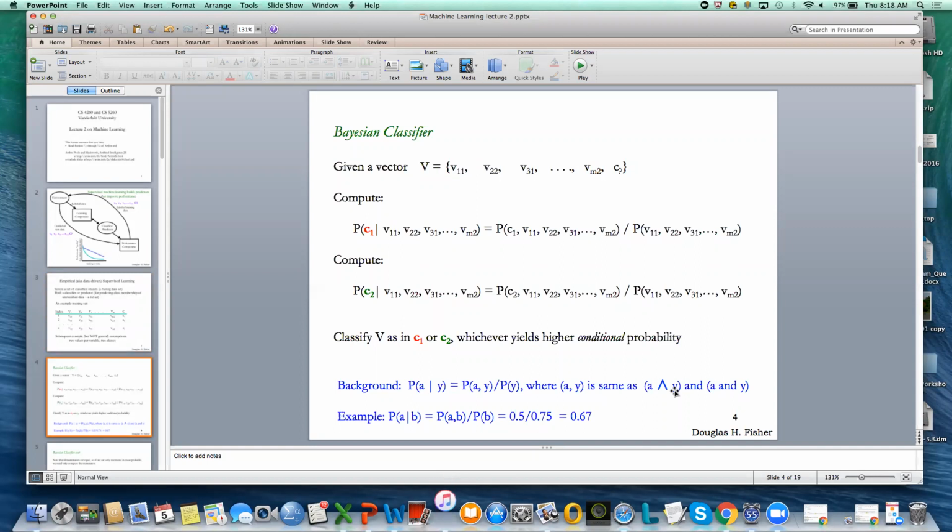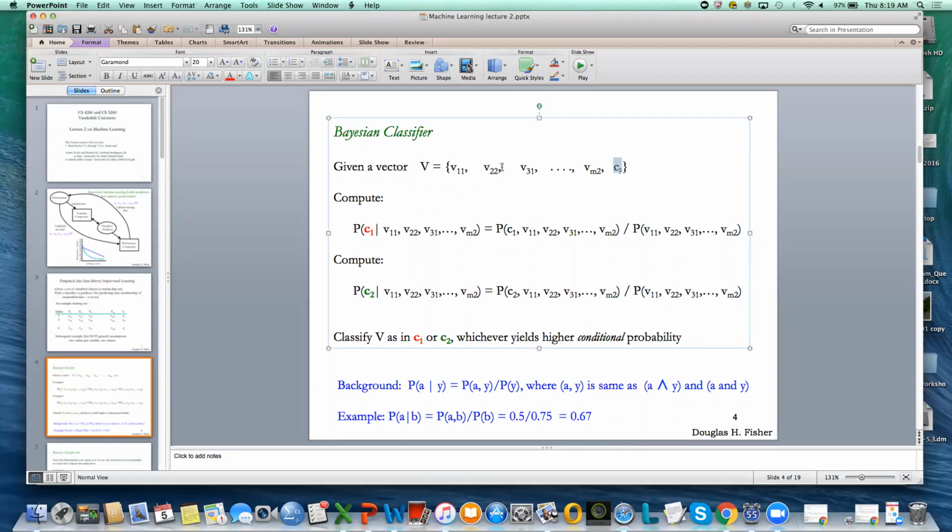So we talked about decision tree induction on Tuesday, and went into some depth about it. Today I'm going to introduce you to another form of supervised machine learning. In general, this is known as a Bayesian classifier. We have a vector like this with the independent features and an unknown value for the class.